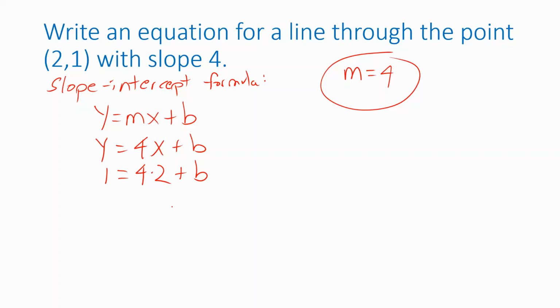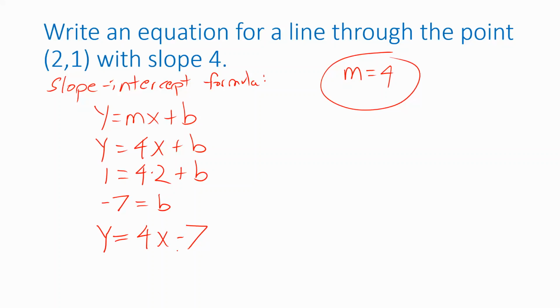And the only way that could be the case is if b is -7. Right? Because 4 times 2 is 8, and when I subtract that from both sides, 1 minus 8 is -7. So what that means is my equation for my line is y = 4x - 7.